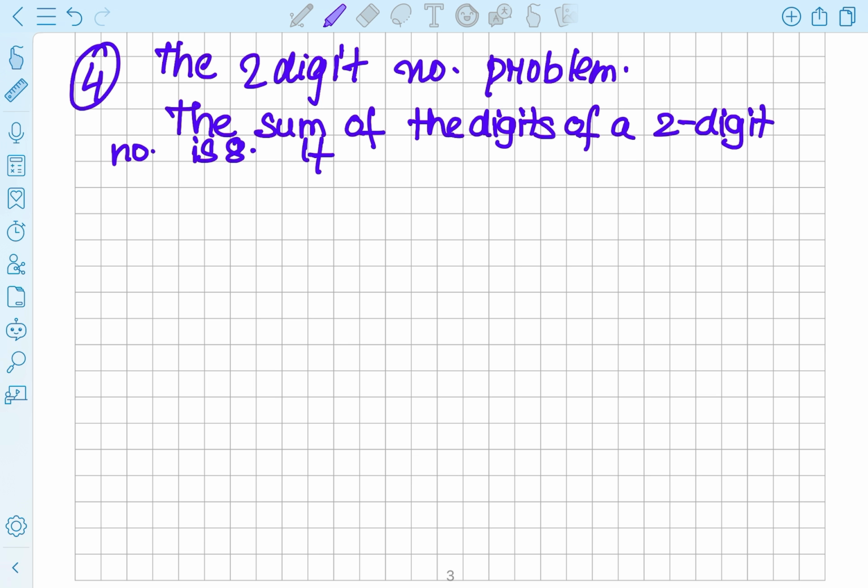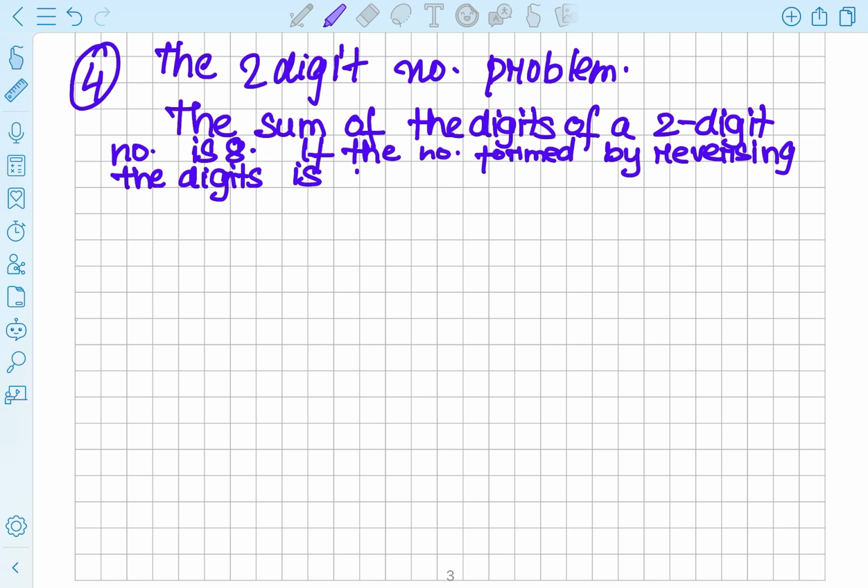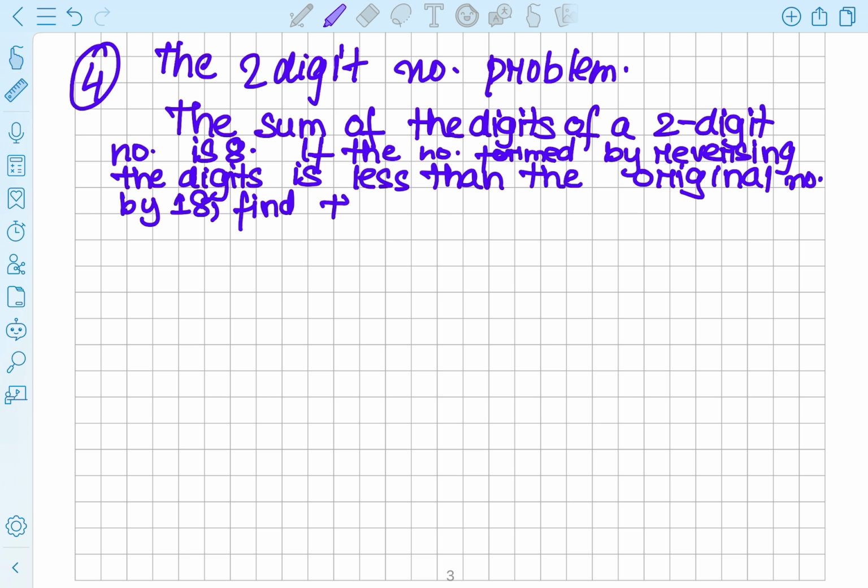If the number formed by reversing the digits is less than the original number by, say, 18, find the original number.